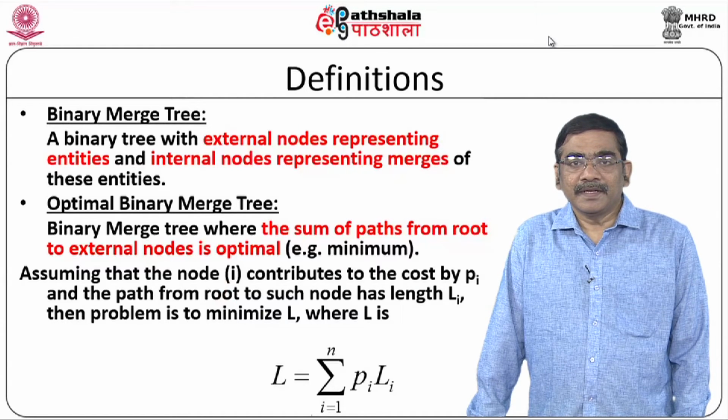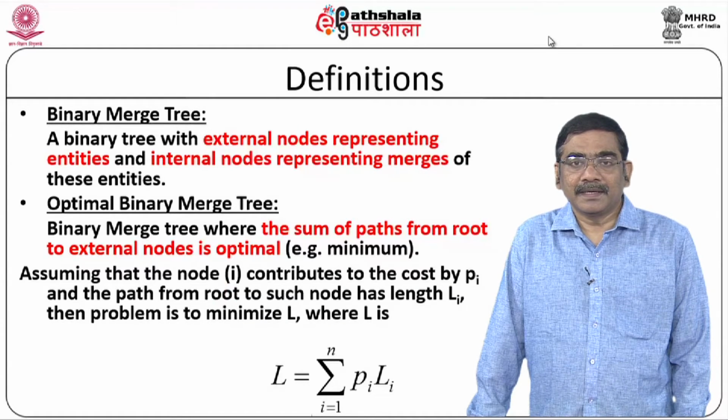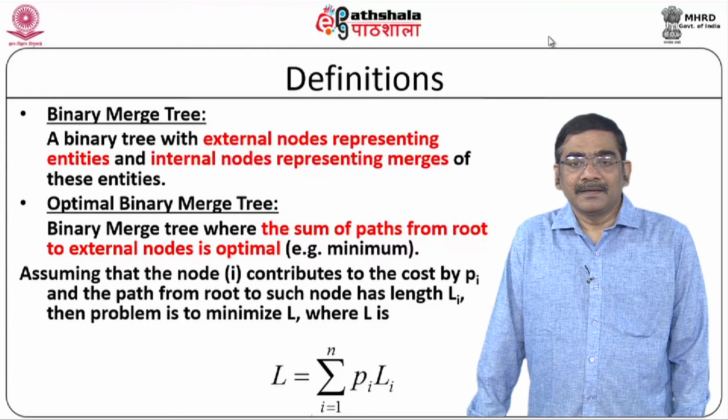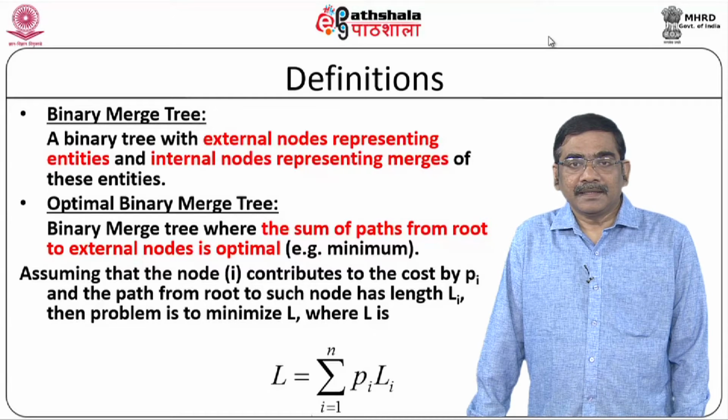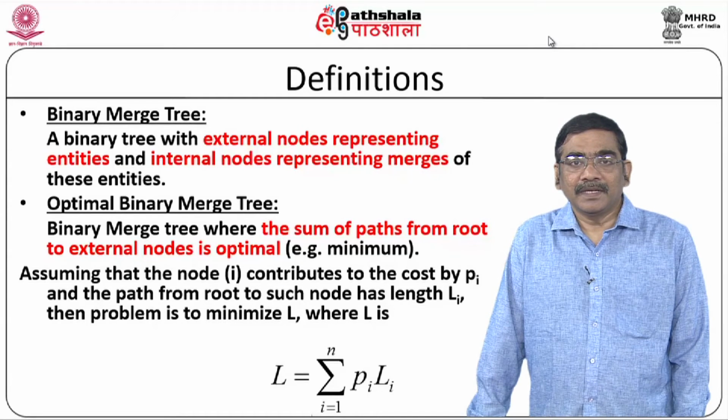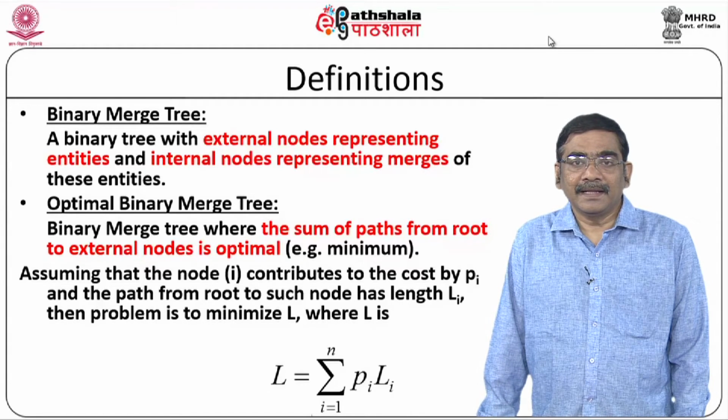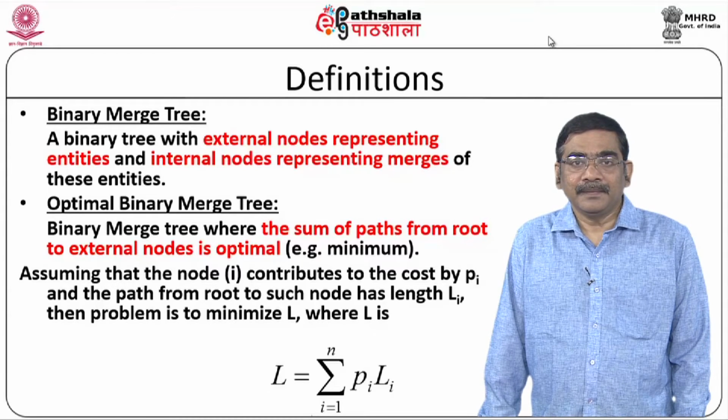Suppose a node represents an entity like a file having a file size that contributes the cost Pi, and the path from the root to the entity has a length Li, that is the path length.